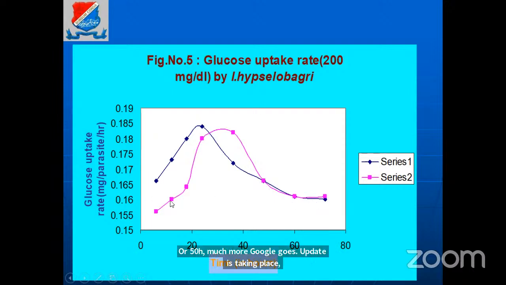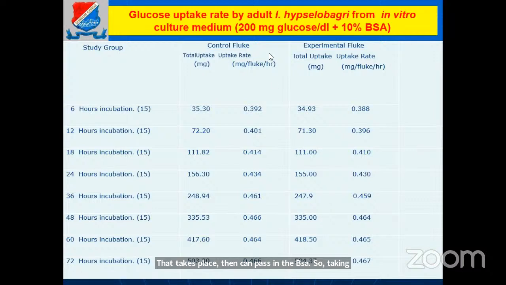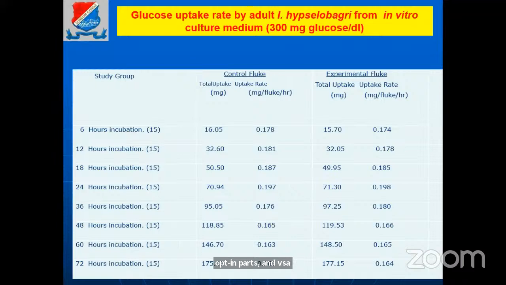That means 0.160. The same is found: not much more takes place. Then with 10% BSA, the uptake rate is much higher. We also studied the 300 milligram percent glucose.